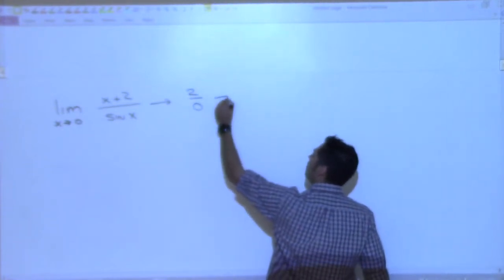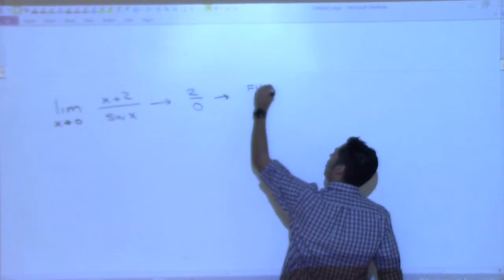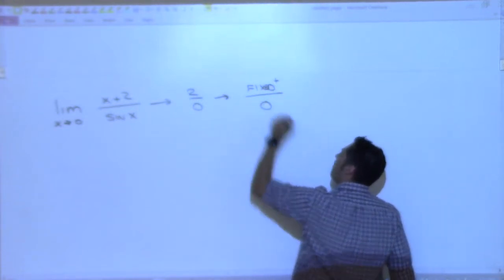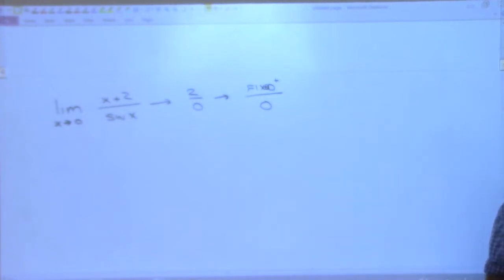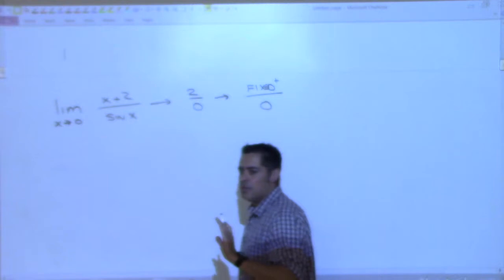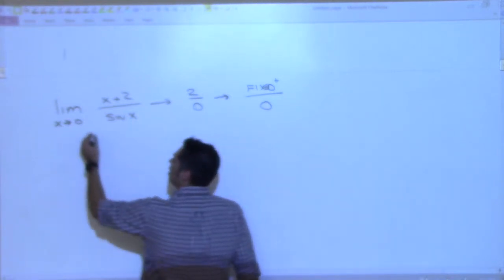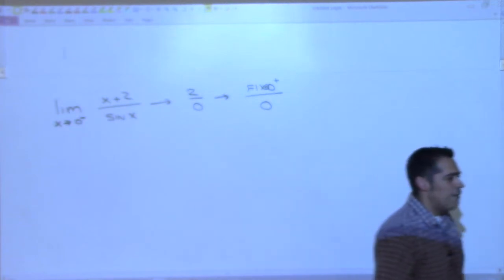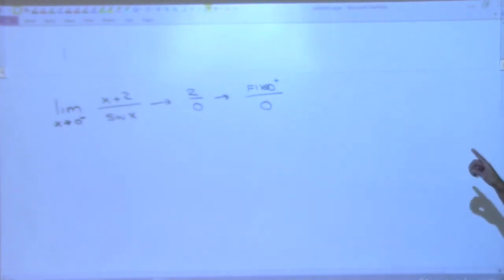So our numerator is fixed and positive. And so all we need to do is figure out what's happening with the bottom, right? Just what's happening with the bottom. And you know what? Just for the sake of time, let's come in from the left-hand side, and let's just do that one. If I left that little negative off right there, we'd have to come in from both sides, wouldn't we?